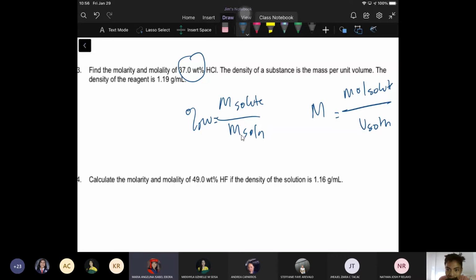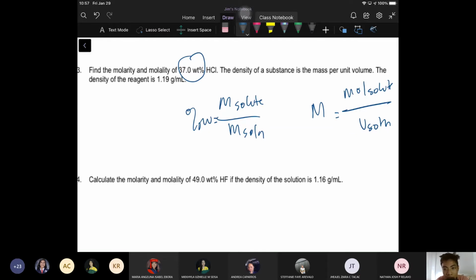Rinig po ba? Yes po. Using the density po. Ayun. So we will use the density formula. Okay, so thank you, Maria Angelina. Okay, so we will need to use the density formula to convert the mass into volume.